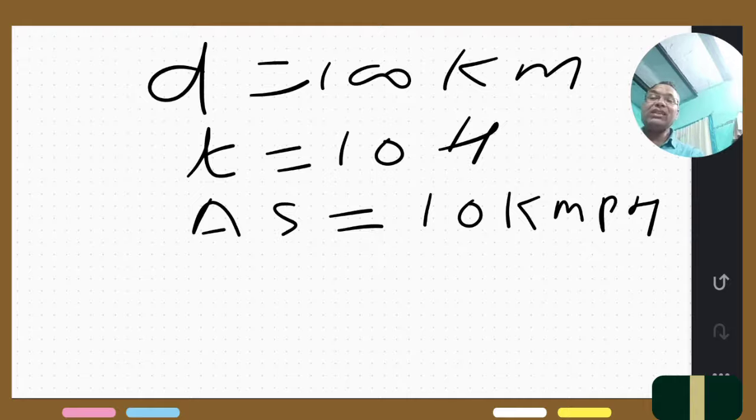Now, as we have discussed in the very beginning of our topic, mixture and alligation, regarding rate, mean and quantity.